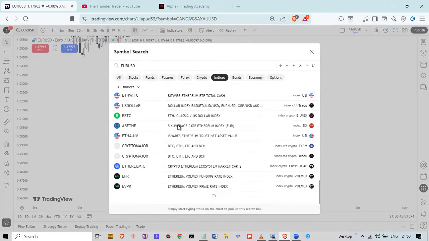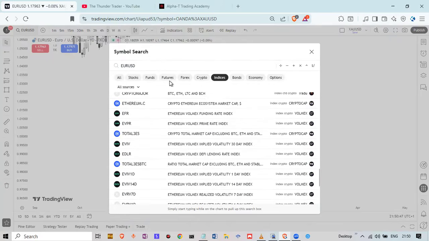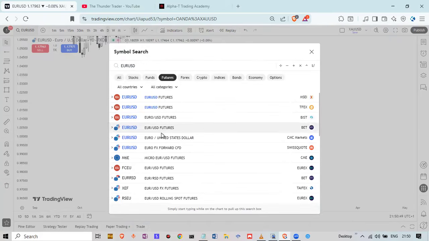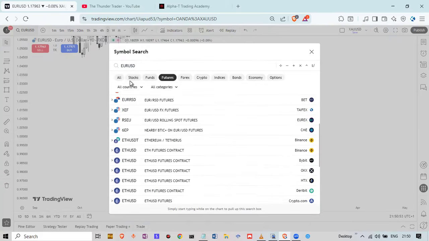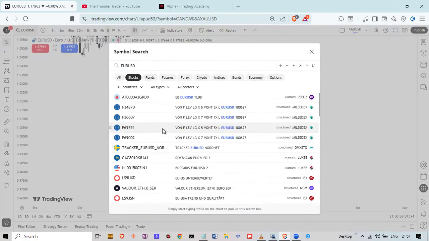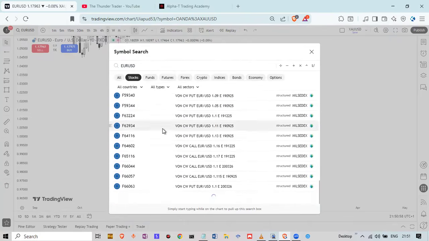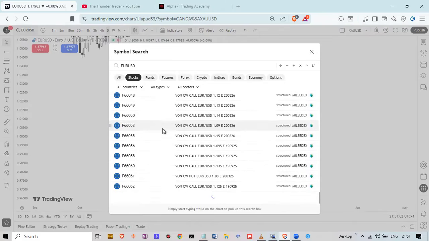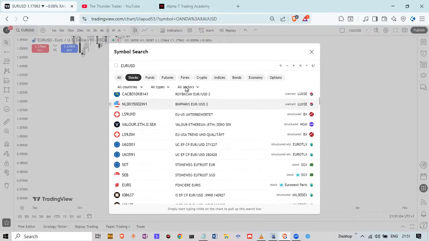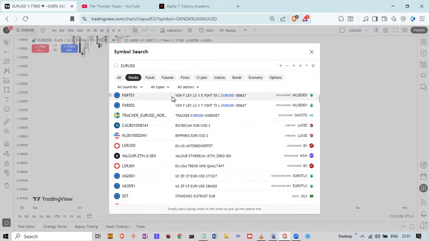Okay, what next should I take here? Okay, so what am I taking? I don't know. Let's try something called stocks. Why am I playing around with this? Let's pick something.